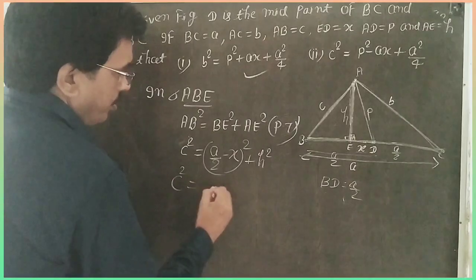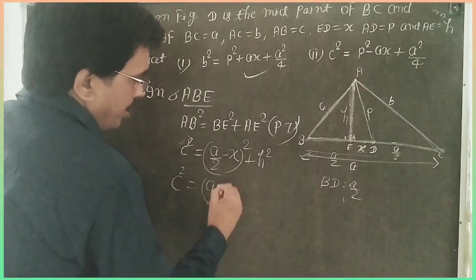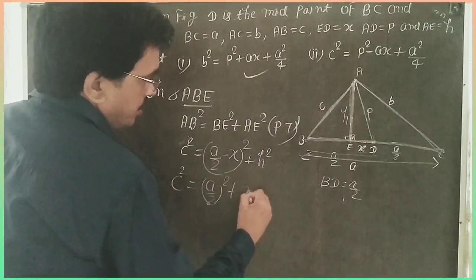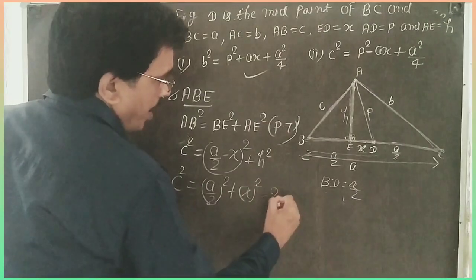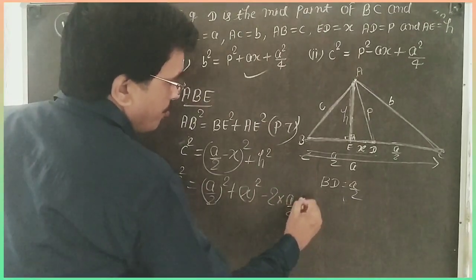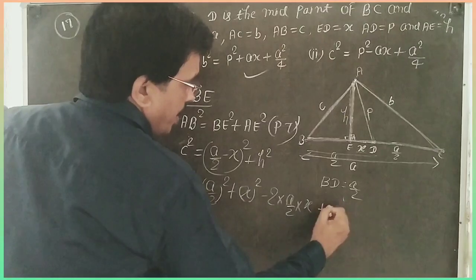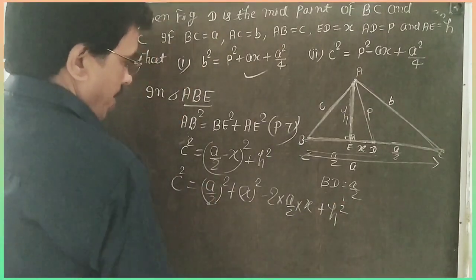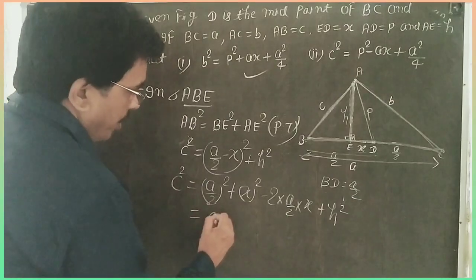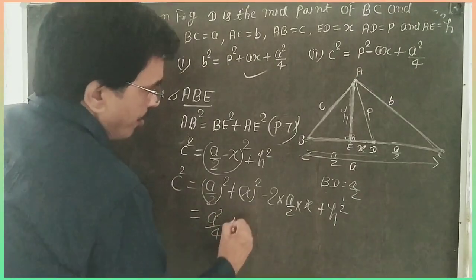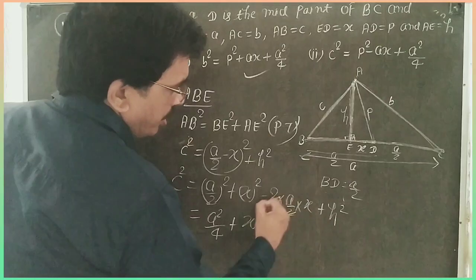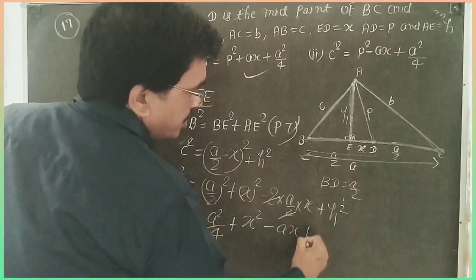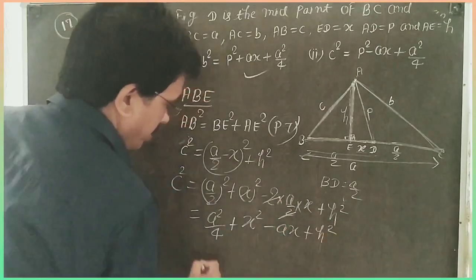So again solve, it is a square plus b square minus 2ab plus h square. Hence, it is equal to a square by 4 plus x square minus ax plus h square.